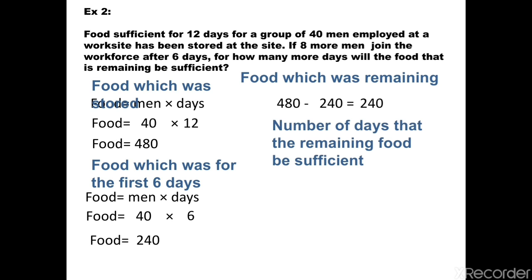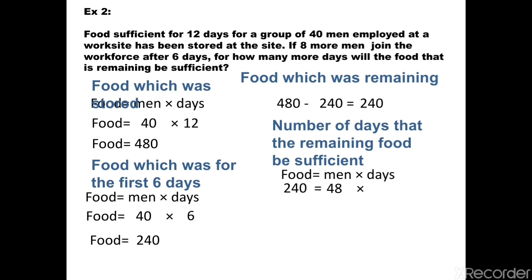Then again we can find out the number of days that the remaining food will be sufficient using the same equation, that is food equals men into days. Here now the remaining food is 240.